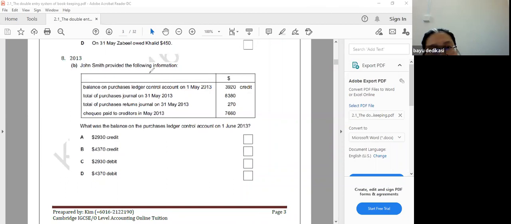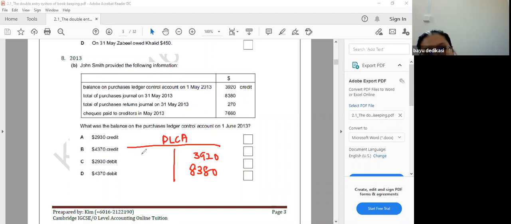John Smith provided the following information. Balance on purchases ledger control account on 1st May 2013. We open the T account for the purchases ledger control account. Credit is in here. Purchases journal, the total for credit purchases, 8380.